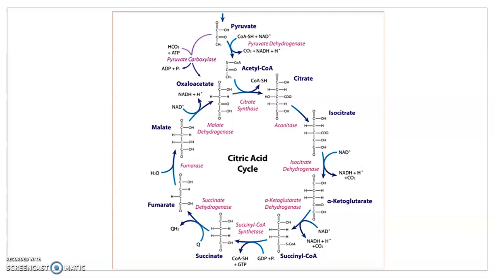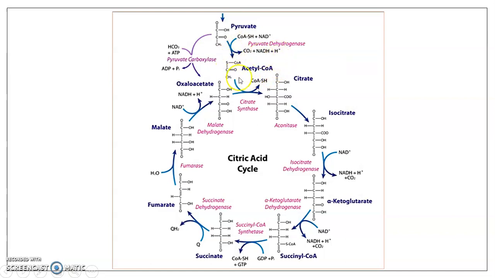Now in carbohydrate metabolism, the Krebs cycle immediately follows glycolysis, while in lipid metabolism, the citric acid cycle follows the beta oxidation of fatty acids. So this is about the basic things about the TCA cycle. Now, when you start with the tricarboxylic acid cycle, it is actually acetyl coenzyme A coming into play.